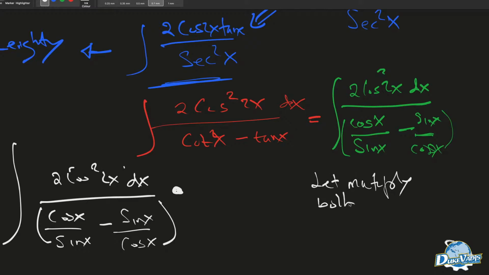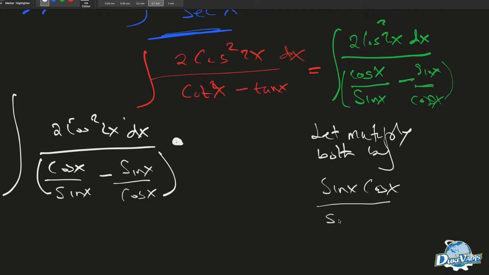So let me multiply both by sin x cos x. When I divide this by that, I get 1. So it's just like multiplying the equation by 1. I'm going to make this one in blue.